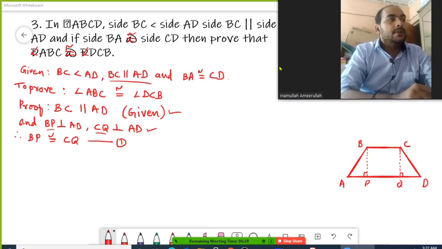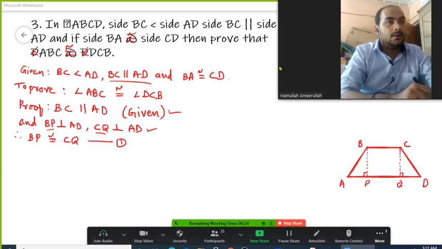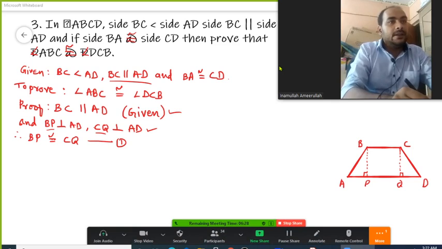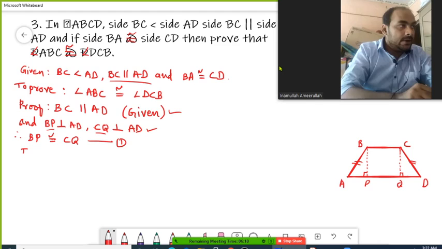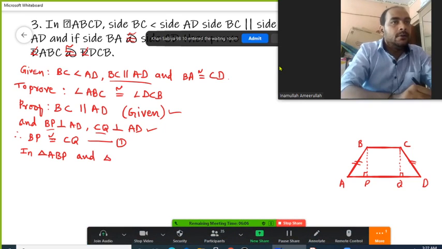So BP is congruent with CQ. This is one proof, and AB is already given as congruent with CD, and I think this is sufficient. The hypotenuse side test can be used to prove these two triangles congruent. So I'm going to take triangle ABP and triangle DCQ.